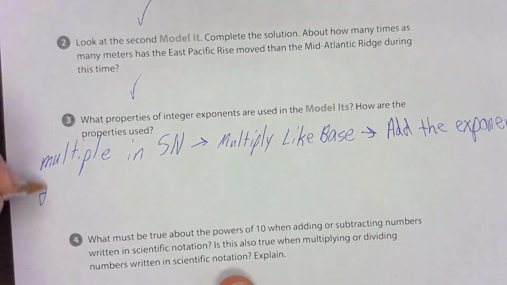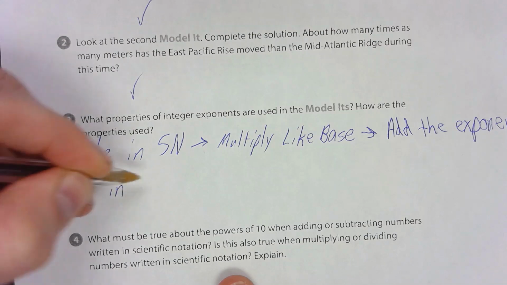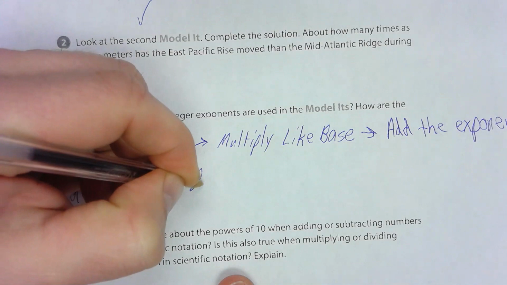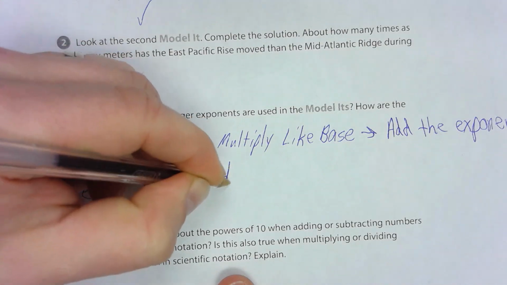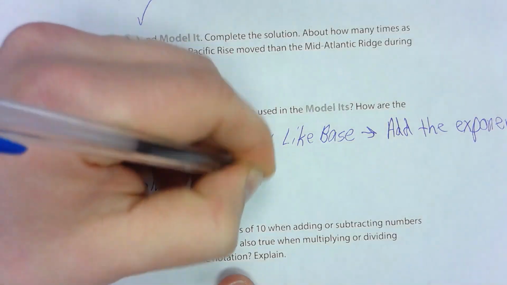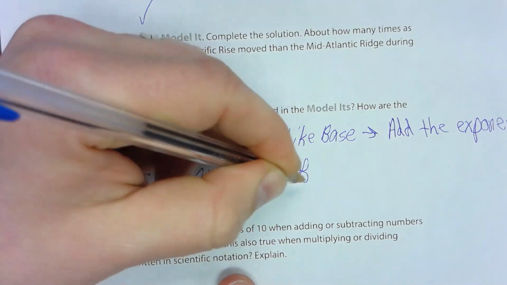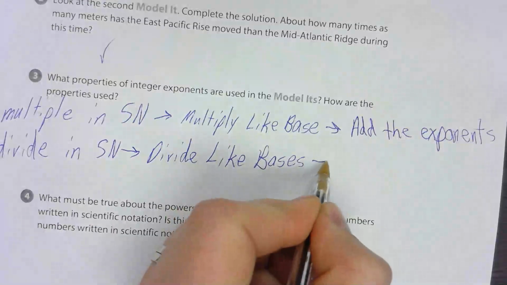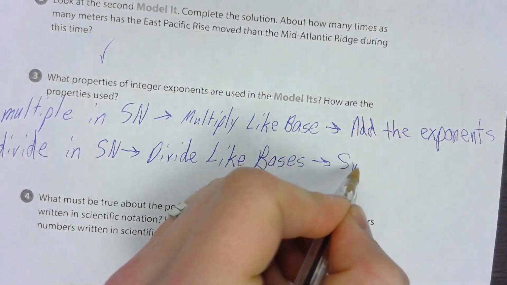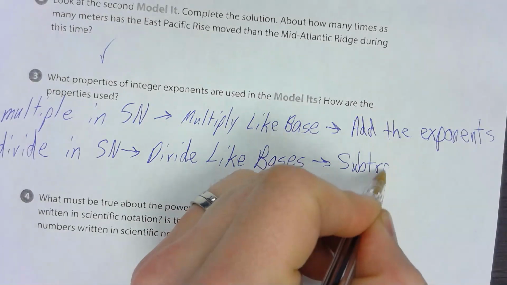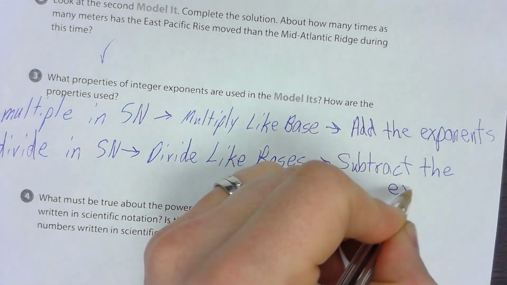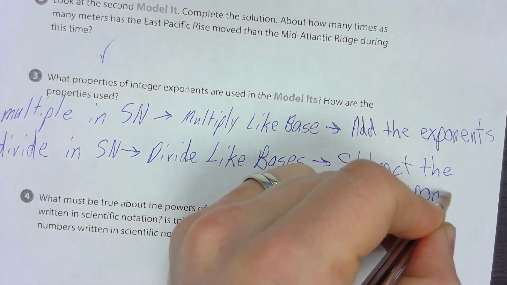And when we divide in scientific notation, we end up dividing like bases. And when that happens, we subtract the exponents. That's kind of stuff you already know, right?